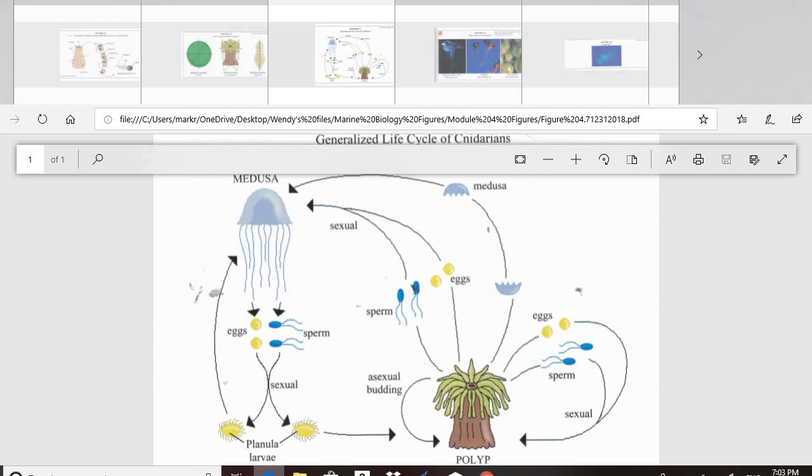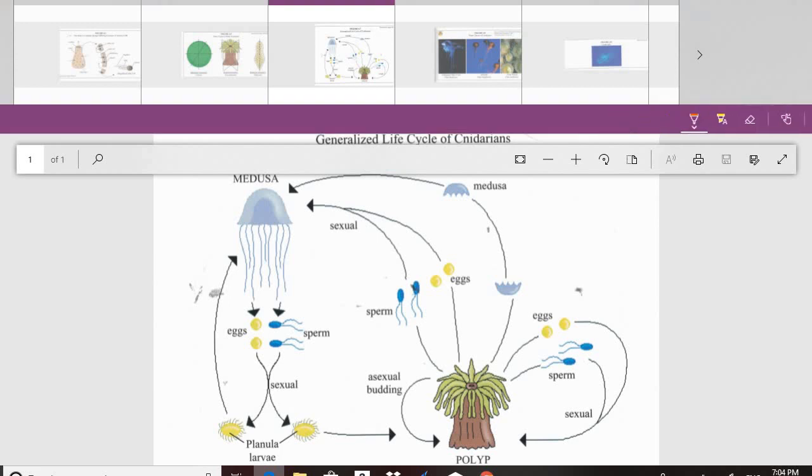Here's an example of a sea anemone that is in the polyp phase, and then the jellyfish is in the medusa phase. Although, as we see here, the larva is basically similar to a polyp.